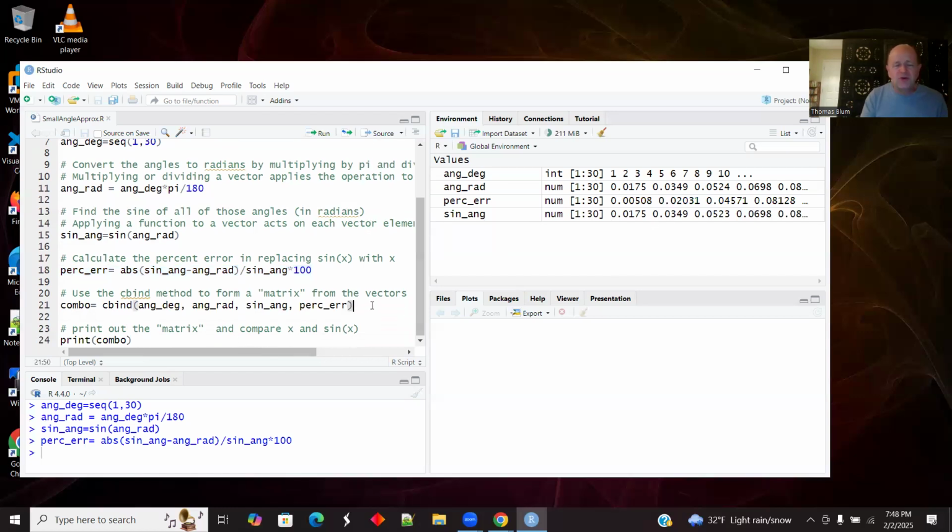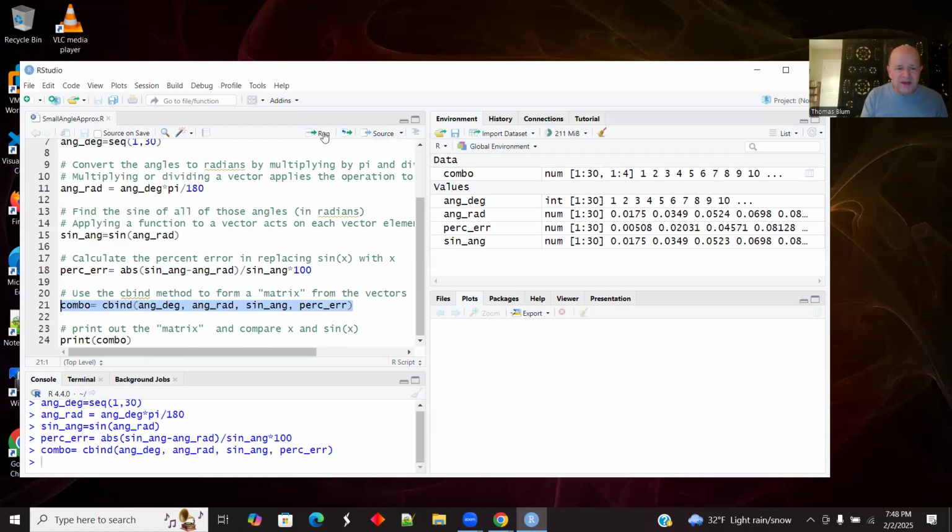So I'm going to use a method that R provides called cbind. It's just going to put these vectors, I'll call them parallel vectors, into one larger unit, a matrix, if you will. And then I'm going to print out that matrix down here in the console.